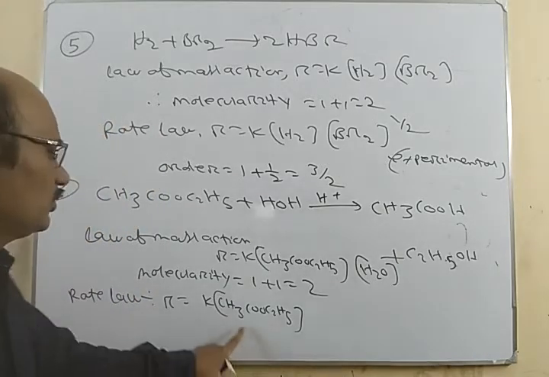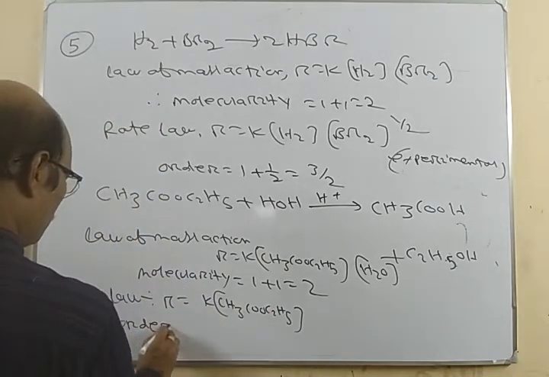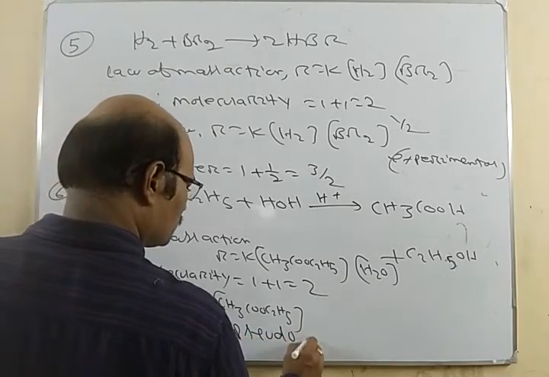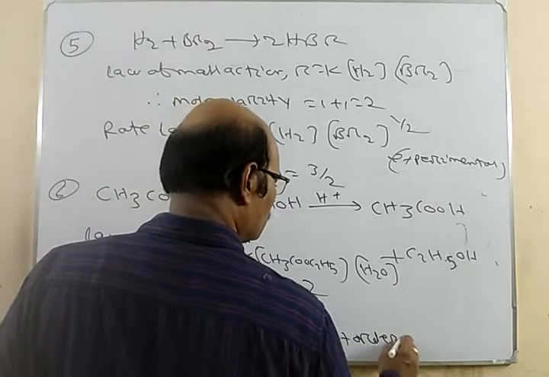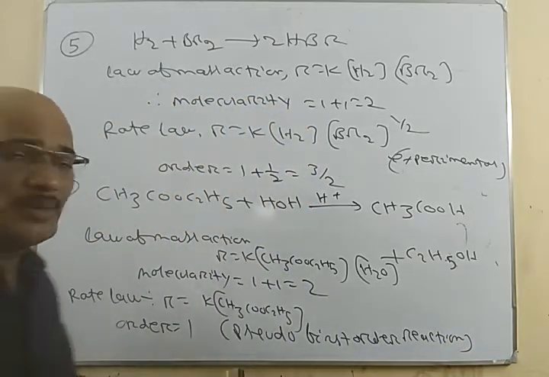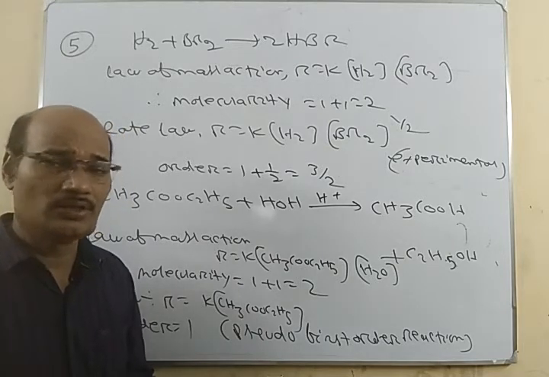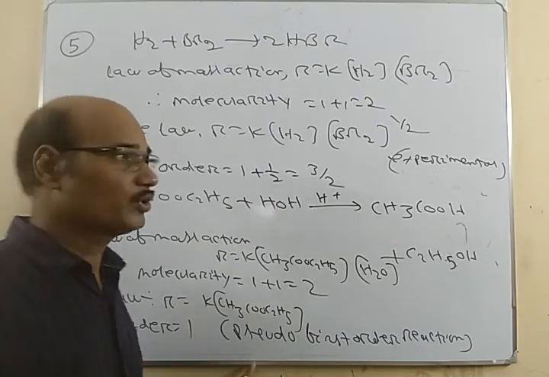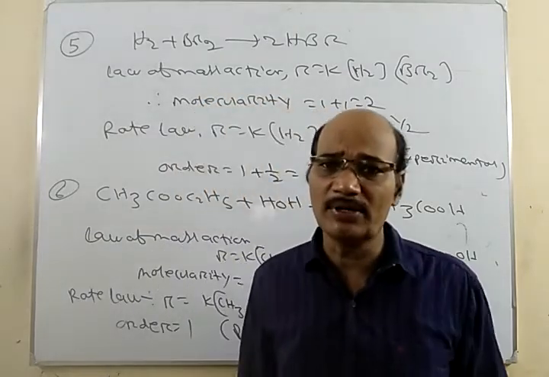So here order equal to 1, a pseudo first order reaction. Those chemical reactions where the order is assumed to be 2 but the rate law shows 1 are called pseudo first order reactions. So these are different examples of reactions of different order and different molecularity.